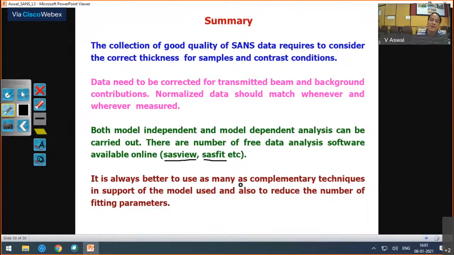What you should also compare is how the complementary techniques support the model used. So you should also have data from other complementary techniques to support your model, and that will make your analysis final. Then you can have more confidence in your data analysis.